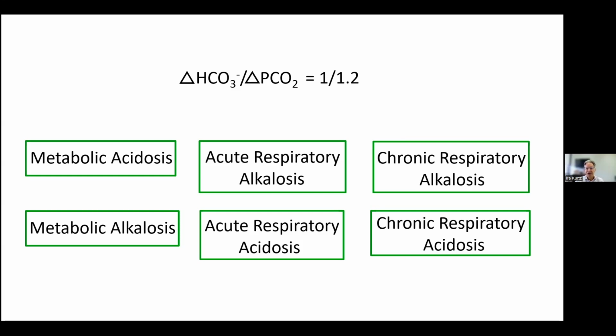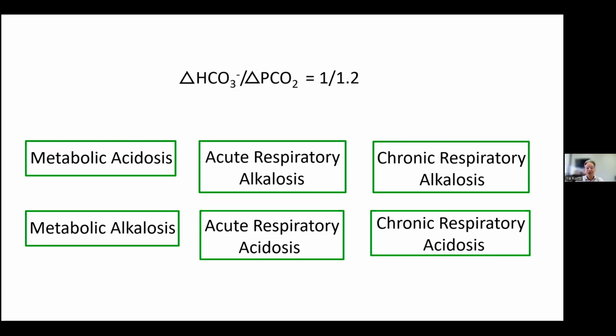So unless you have the original values in your patient prior to the acid-base disorder, you have to assume population normal values. And we do that with everything. We do that with the anion gap, etc. We always assume typically population normal values because we don't have the normal value in our patient. If you have the normal value in your patient, that's the best thing to calculate deltas from.